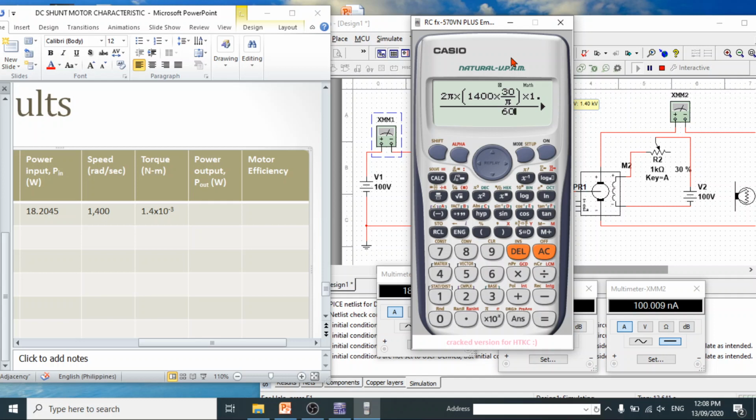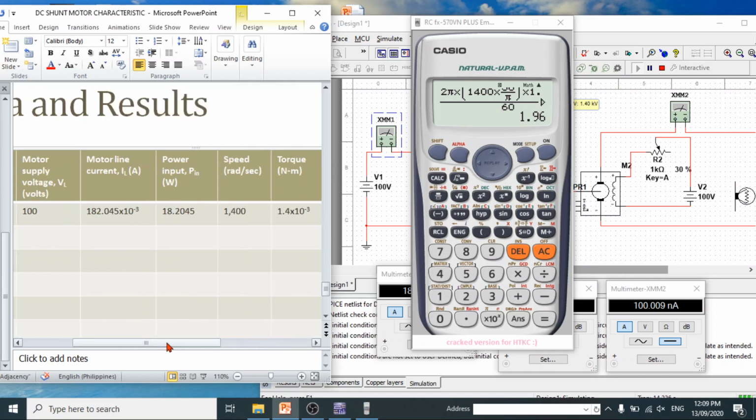However, there it is the input of the generator, but for the motor, that is the mechanical power output. So this would be equivalent to 49 over 25, or 1.96 watts.